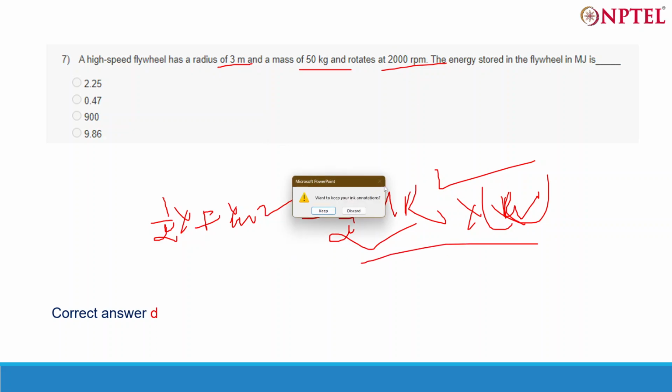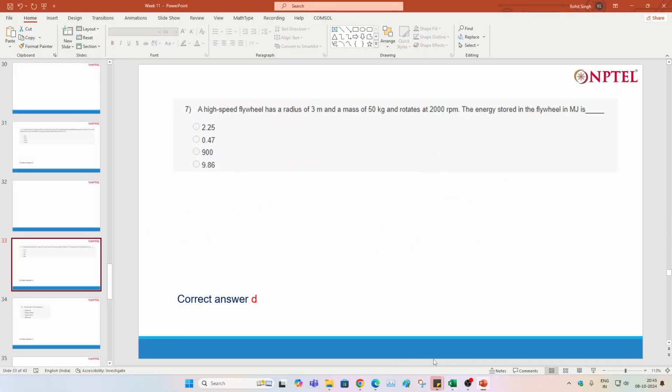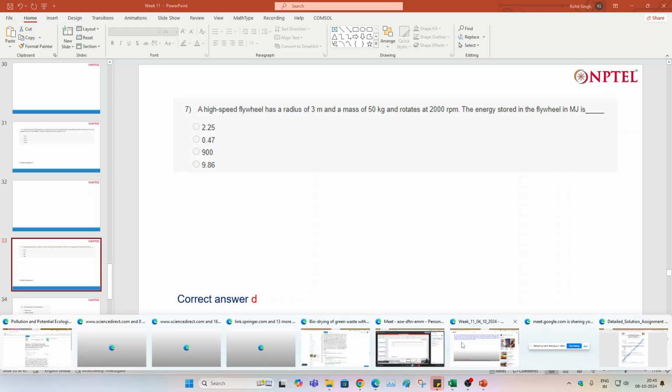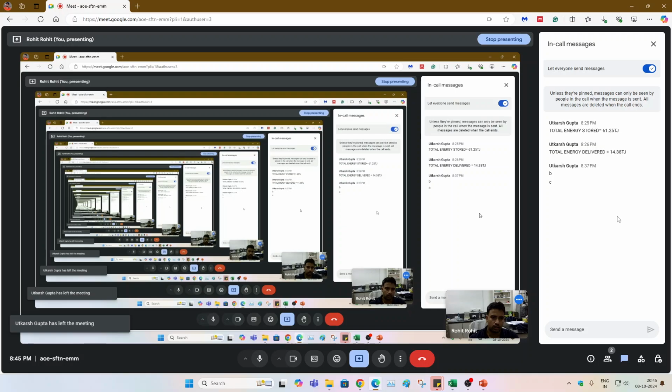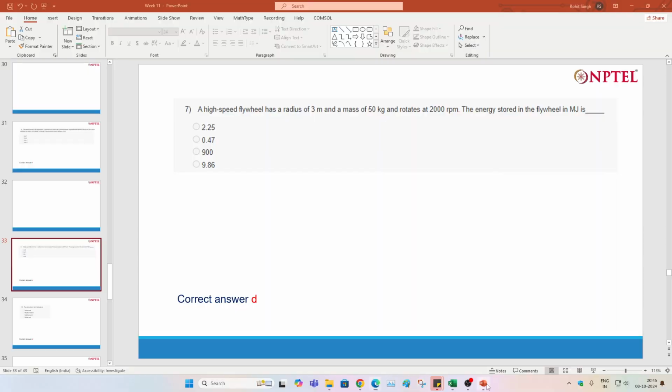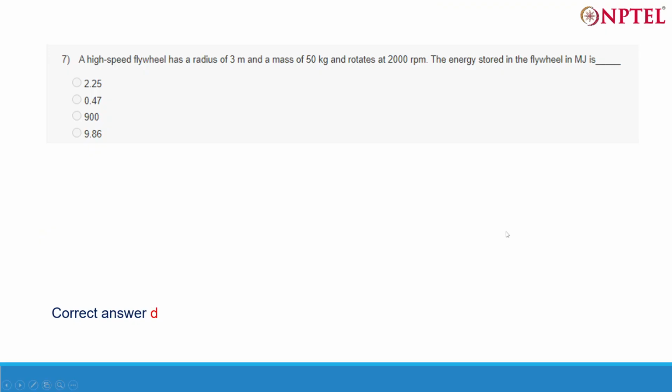Let me see if anybody can. Utkarsh has written B and C. Okay, solve this question also. I've given half I omega square, and see if you can get the answer.